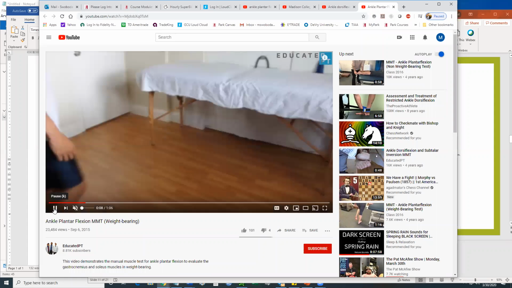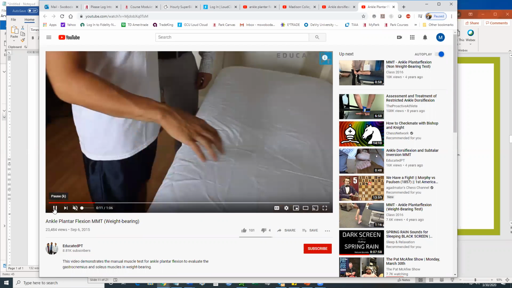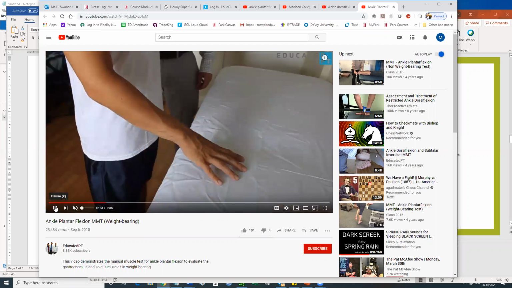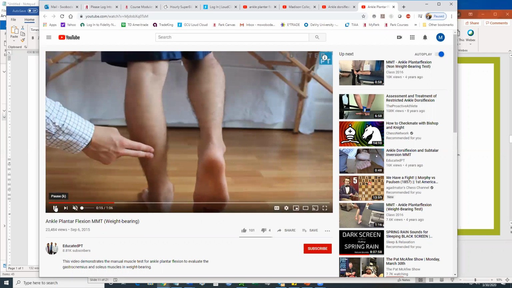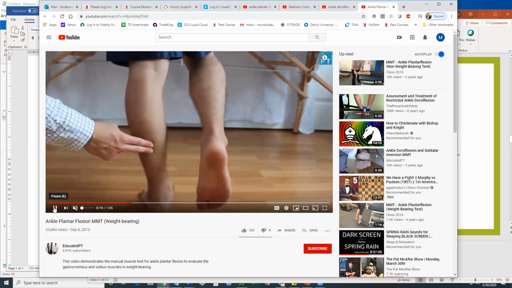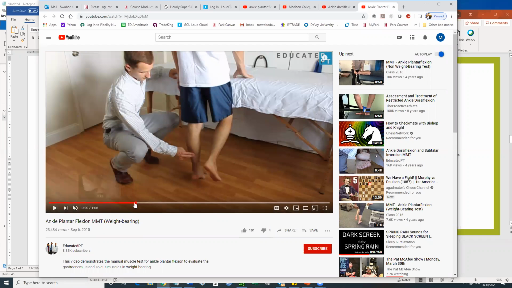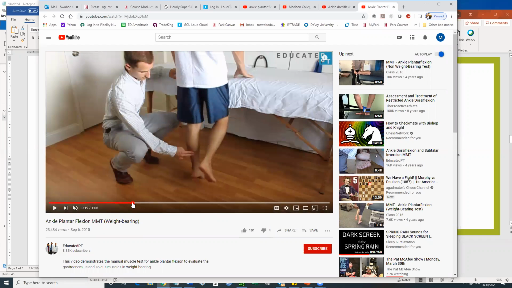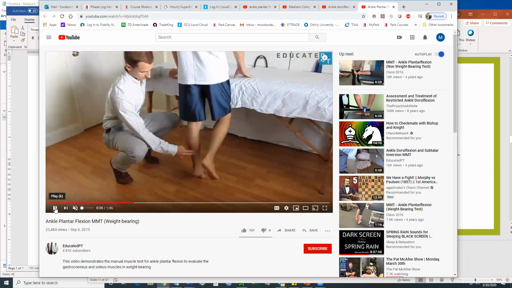Now this is showing the actual manual muscle test for this. If you're doing plantar flexion here, there is your movement. You notice that toes are on the ground, heel is in the air, and you can very clearly see how that calf muscle is firing.